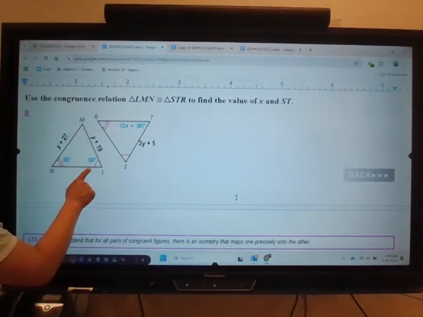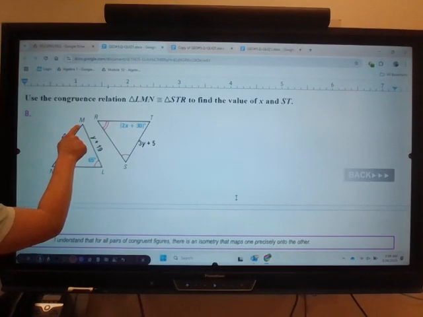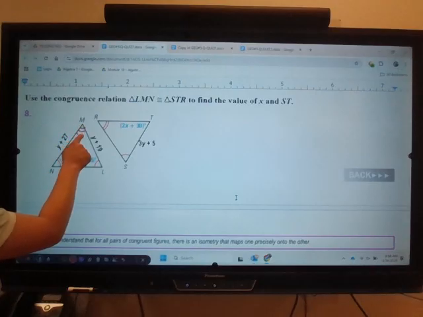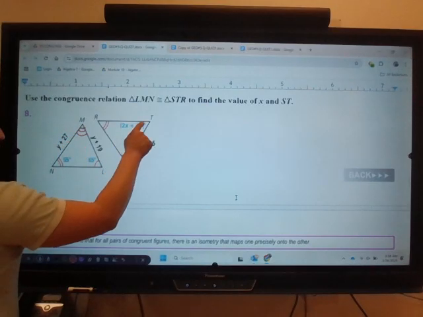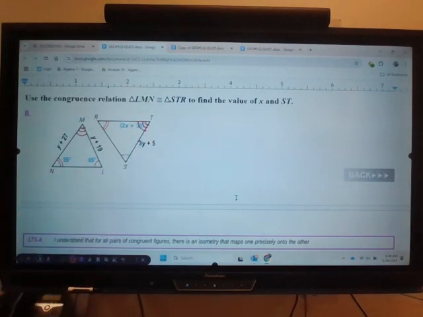Just to make it easier for myself, I'm going to make sure that I can tie all of these relationships together by labeling the final angle with 1, 2, 3. Okay.